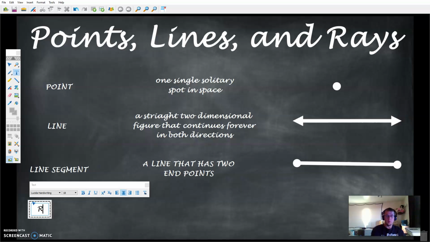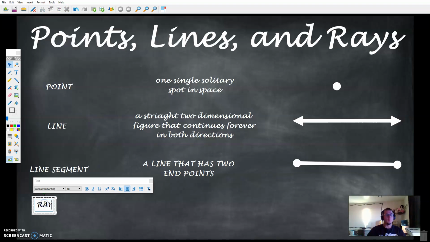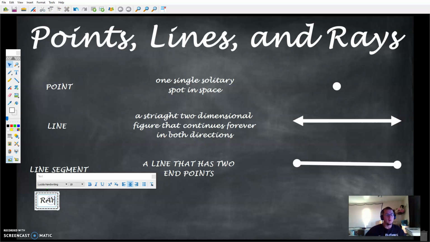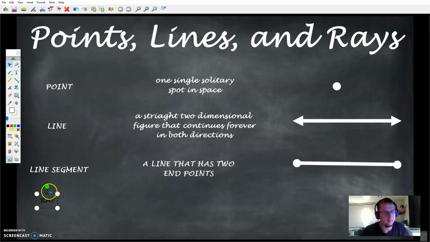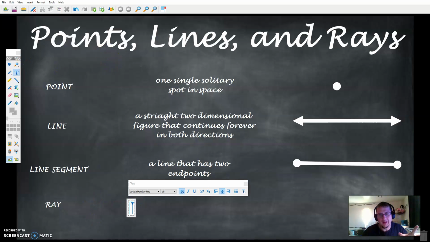ray. Now, a ray is going to kind of combine the line and the line segment.